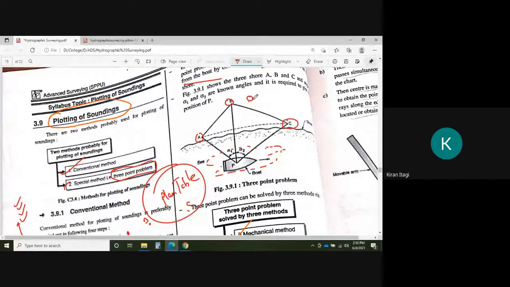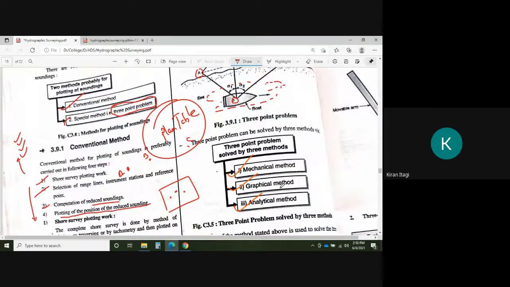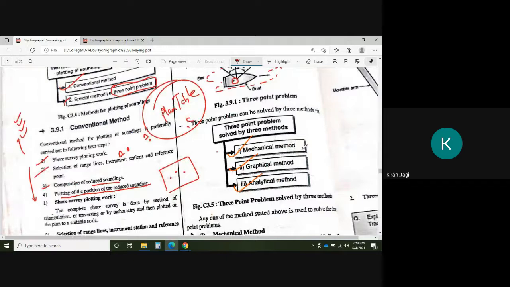The figure shows the 3 points A, B, C, and angles alpha 1, alpha 2 are known angles. It is required to plot the position of P, where it lies. This is the 3-point problem. It can be solved by 3 methods: mechanical method, graphical method, and analytical method. For the analytical method, we have some numericals.